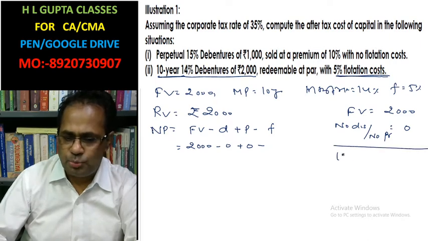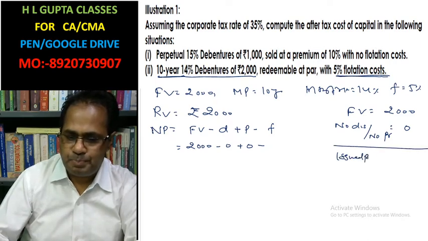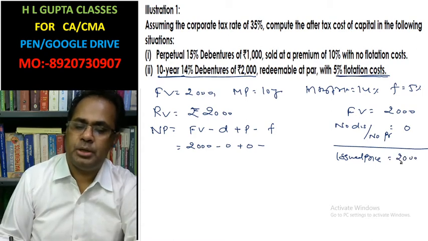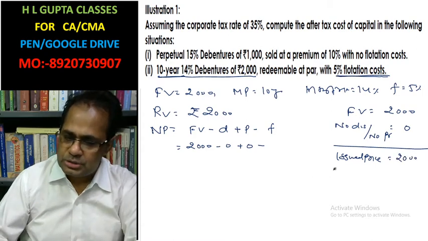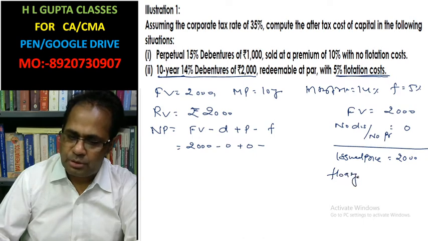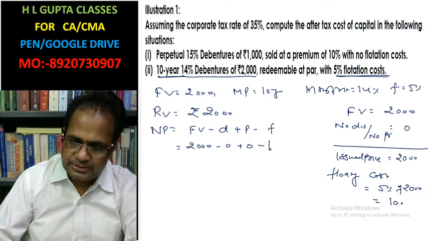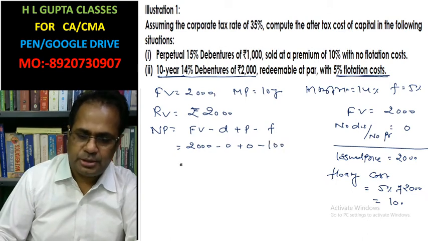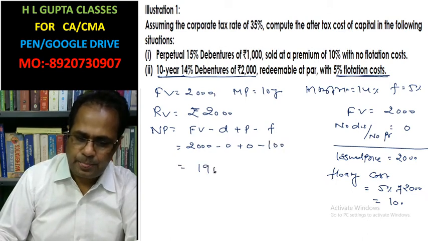Issue price is also 2000. Floating cost is 5% of 2000, that is 100. The net proceed is 1900.